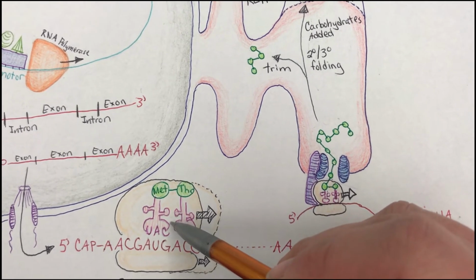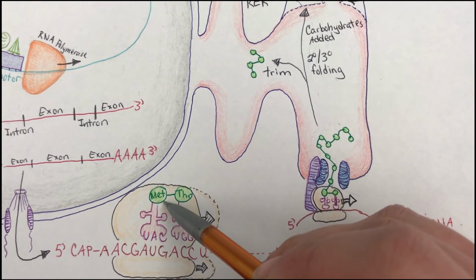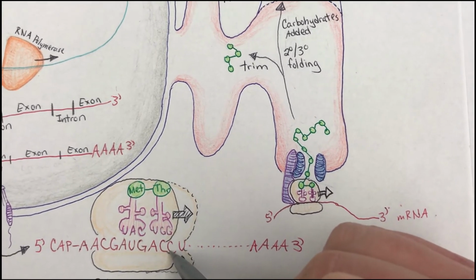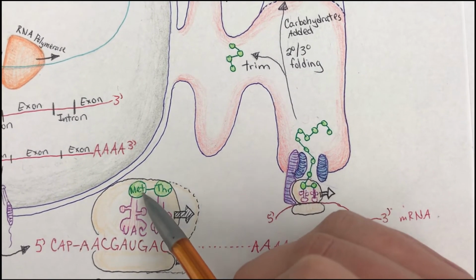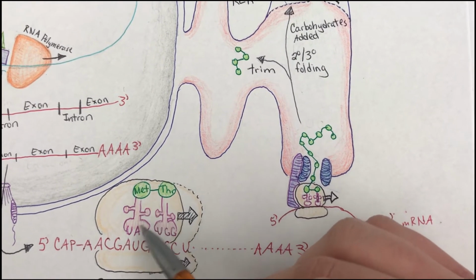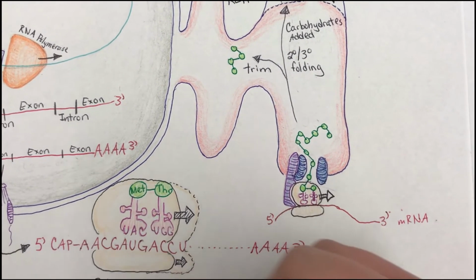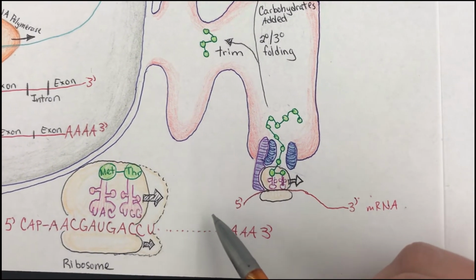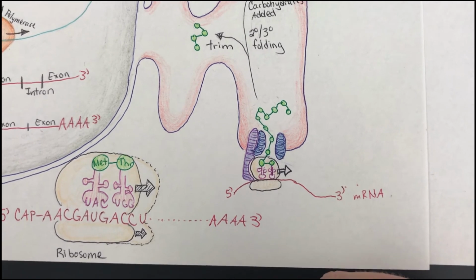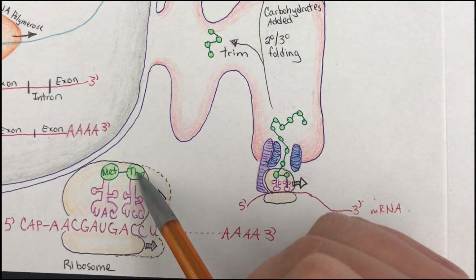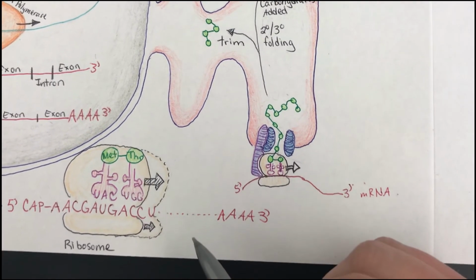The appropriate tRNA brought its amino acid. The next tRNA brought its amino acid. A peptide bond was catalyzed in between the 2 of them. This tRNA essentially leaves, and the entire ribosome is going to slide down the mRNA, synthesizing this protein. And again, this is with synthesis reactions.